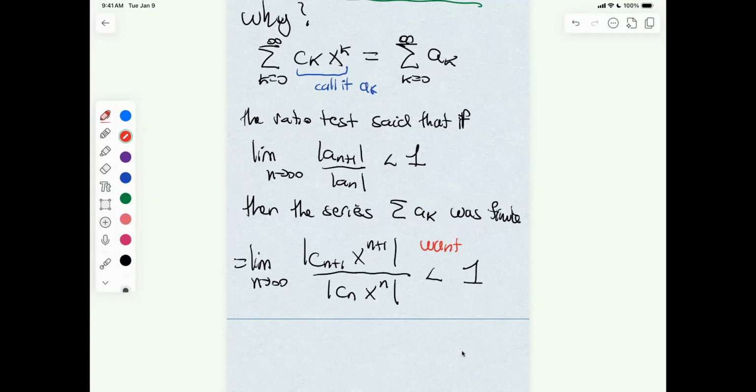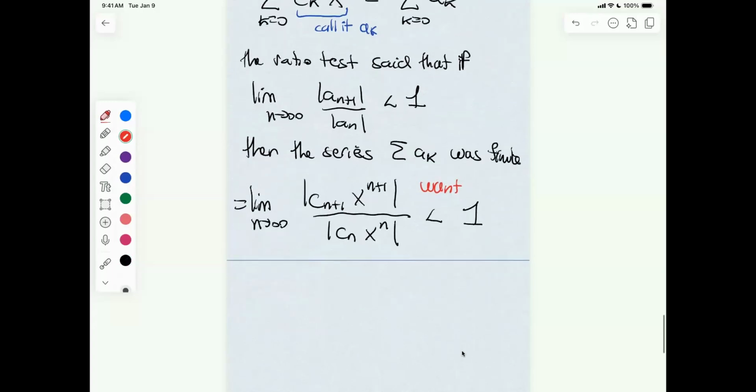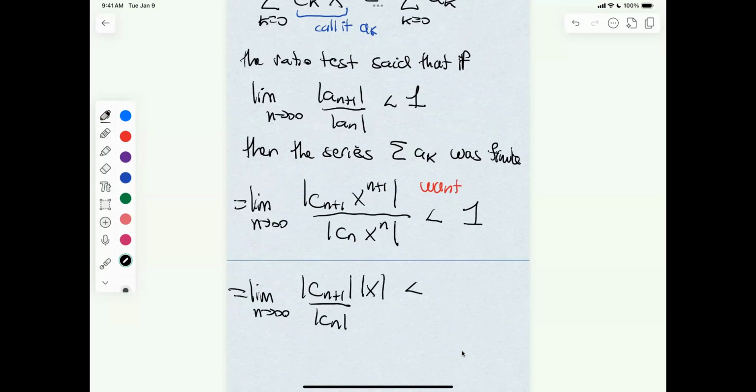Now we can simplify this a little bit, because what is x^{n+1}? It's x^n times x, so the x^n cancel, right? So this is the same as the limit as n goes to infinity of c_{n+1} divided by c_n times the absolute value of x. And again, I would like this to be less than one.